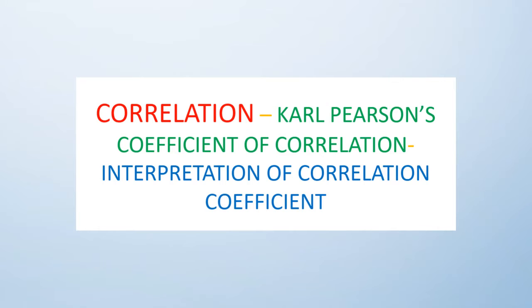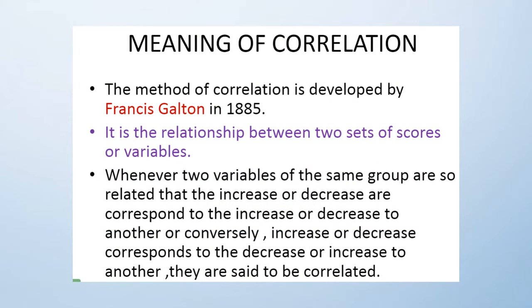So we start the lecture now. First we see the meaning of correlation. We saw these things in the previous lecture, but again we will understand the concept better here. So, what is correlation?